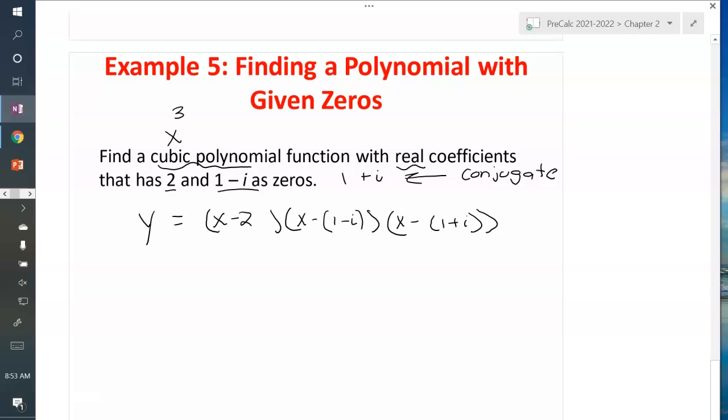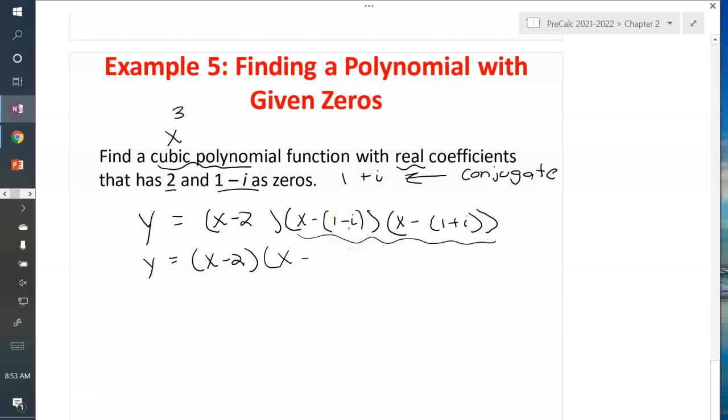Okay, let's distribute. And let's go ahead and take care of these, x minus (1 minus i) and x minus (1 plus i).